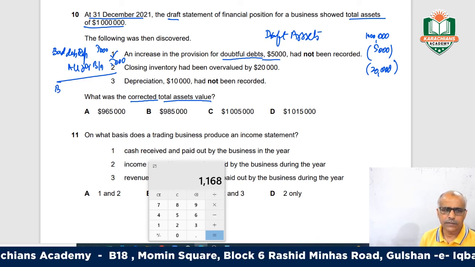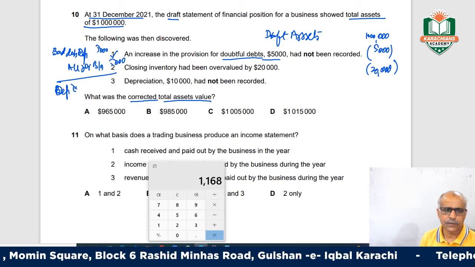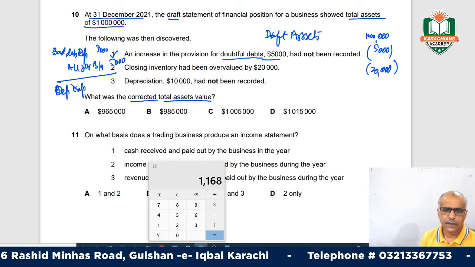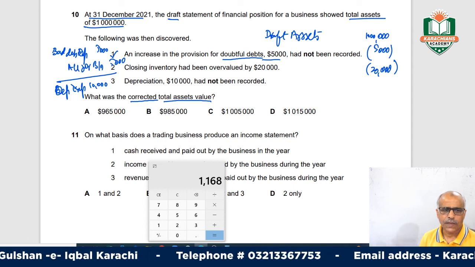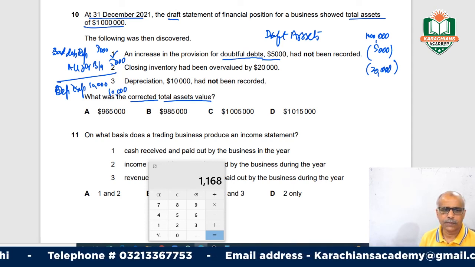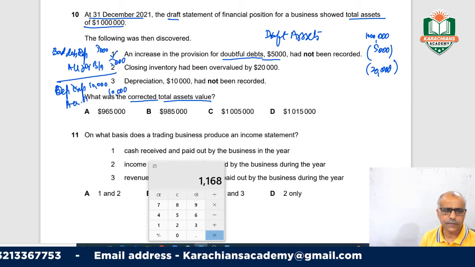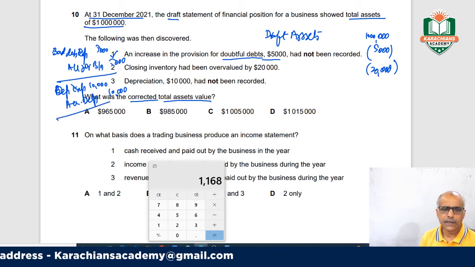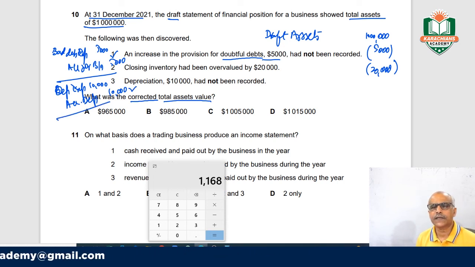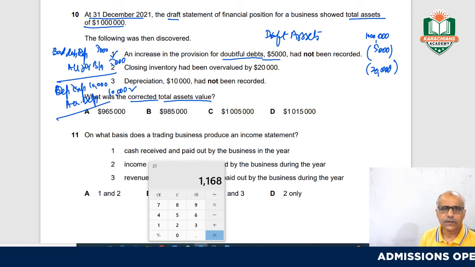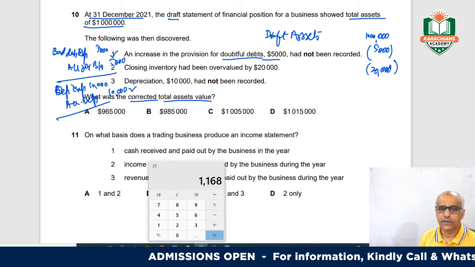So again, we call depreciation expense debit 10,000, and we credit accumulated depreciation, and this accumulated depreciation is basically deducted from the gross assets to come to the net assets. So you have not deducted this, now you have to deduct.